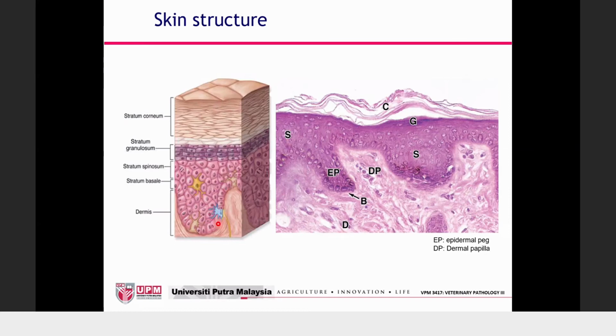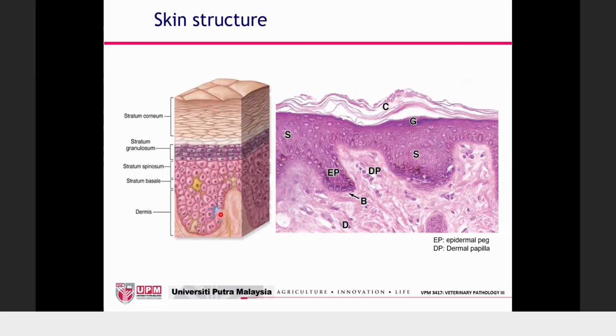New cells are produced in the stratum basale, and then move up until they reach the stratum corneum, which is mainly dead cells. In the stratum basale, sometimes you might see other cells like the melanocyte, or maybe the Langerhans cells. We will look at them in more detail later.